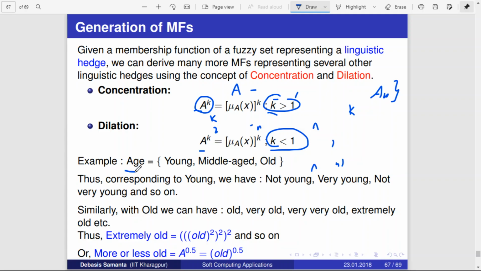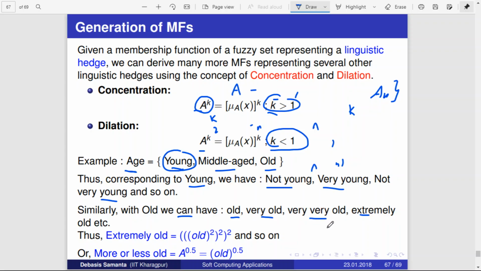Let us try to understand this with an example. Assume there is a fuzzy set age which contains these values: young, middle aged and old. For these you can create a separate fuzzy set. For young, for example, you can create another fuzzy set which includes something like not young, very young, not very young and so on. Similarly for old, you can create another fuzzy set: old, very old, very very old, extremely old.